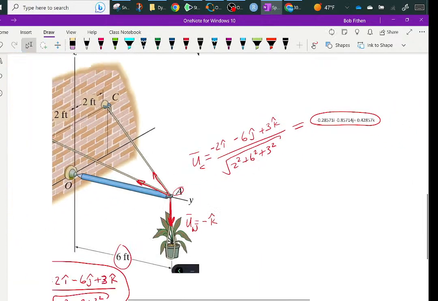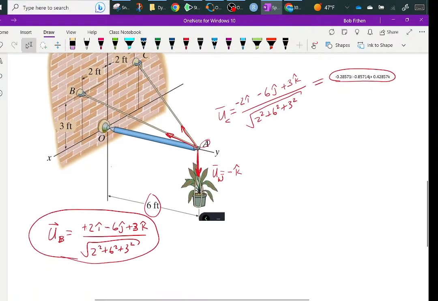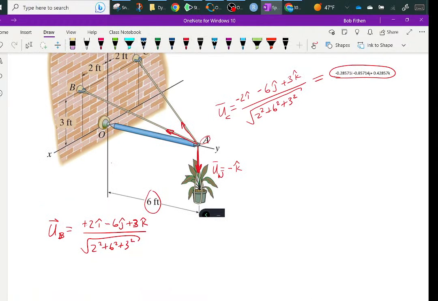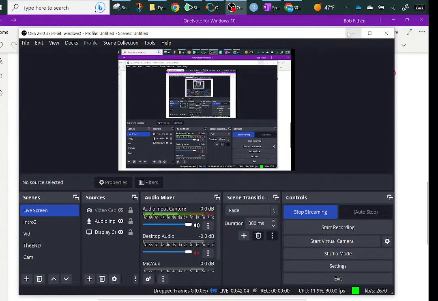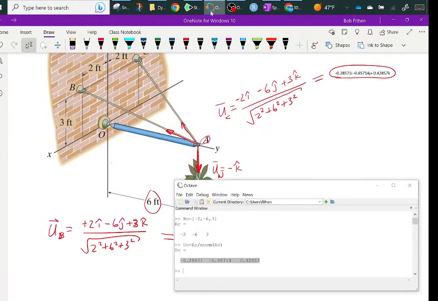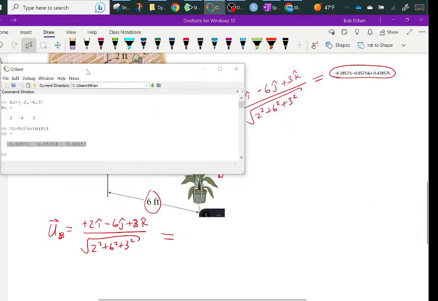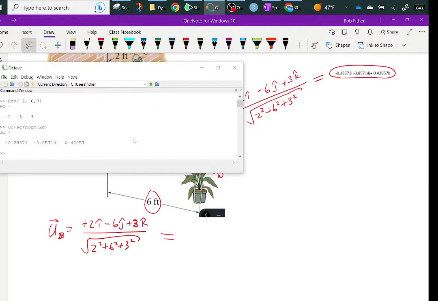Not too surprising because this one is going to be, but I mean, I can write it down, but I'd like to just go ahead and do it. This one ends up with a plus, and this one is a B.